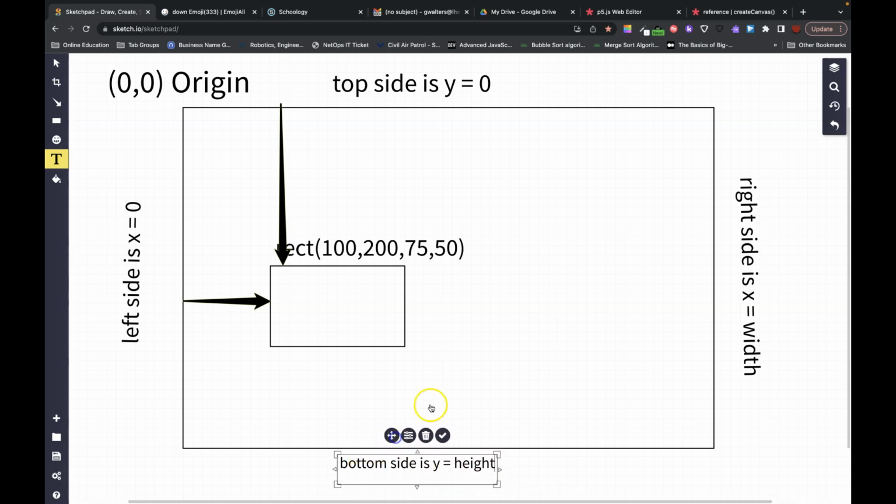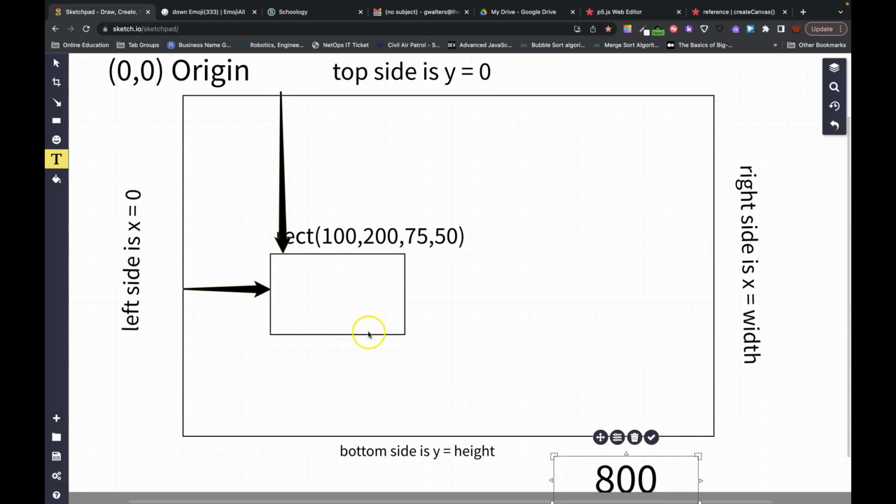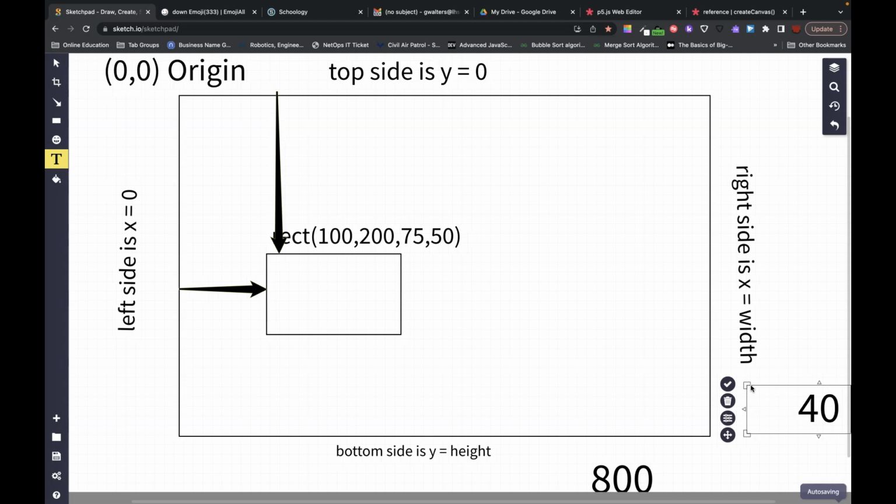So if my canvas size is 400 by 800, then the bottom side would be 800, and this right side would be 400, because it's 400 by 800.